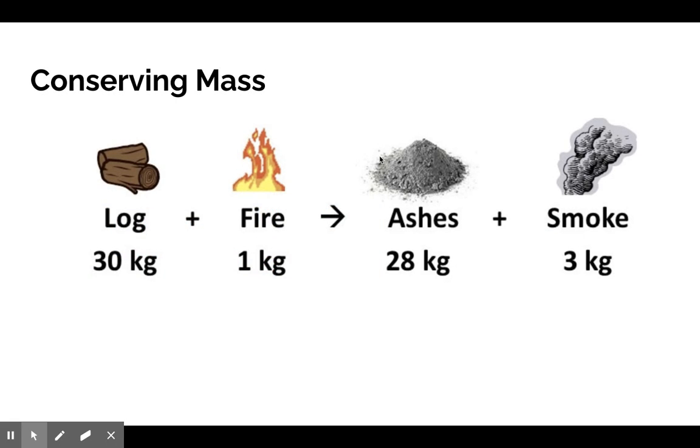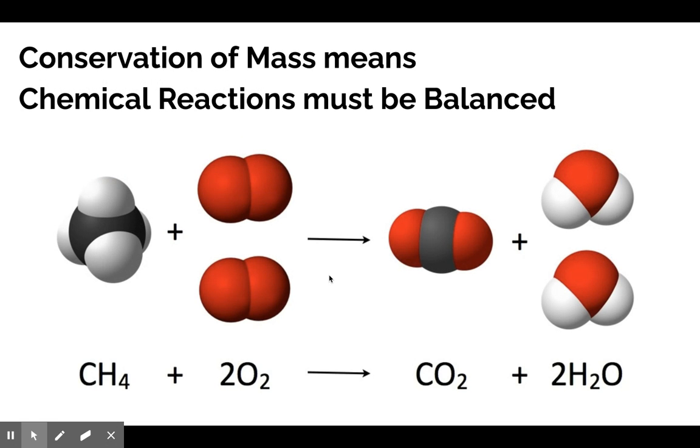So simplified version of thinking about conservation of mass is we take a log and we burn it, we may end up with some ashes that feel pretty light, but we have to take into consideration that there actually is some mass in the smoke that is created. And so overall, we end up with the same amount of mass before and after the fire. So let's take a look at what that might mean in terms of a chemical reaction.